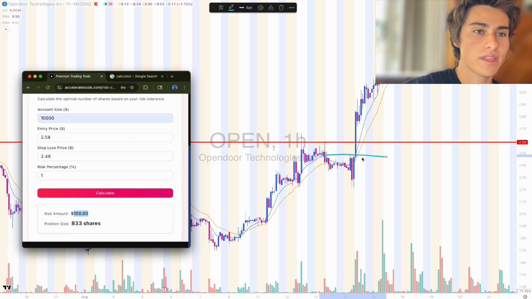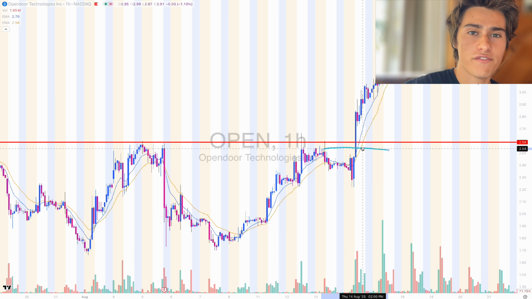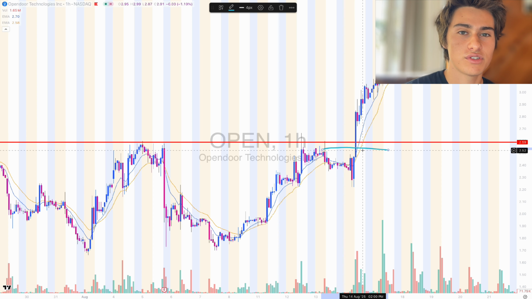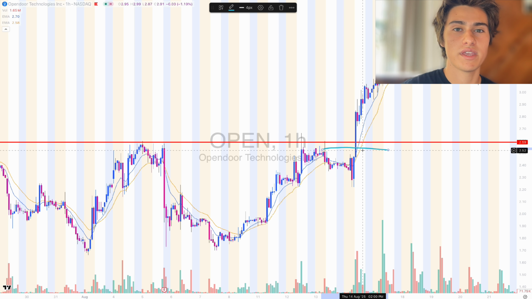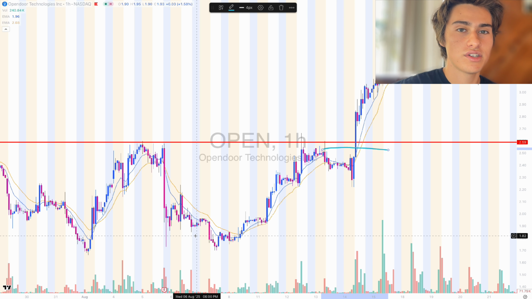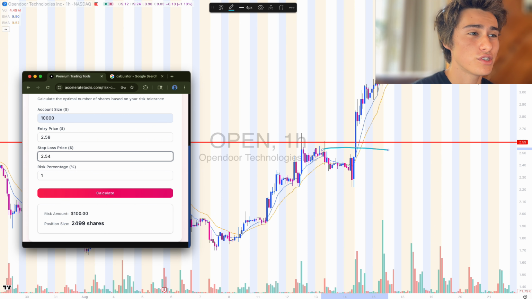Anyway, this is where it gets interesting. Let's say I wanted to raise my stop loss and have it tighter. Let's say I felt like, okay, if Open goes down to $2.54, if it's just not doing incredible from the point I buy, I don't want to trade this. So let's just say my stop loss was $2.54 instead. That's 2,500 shares.